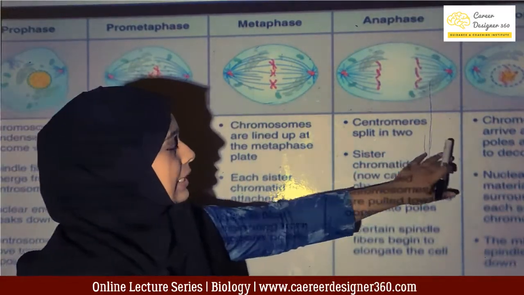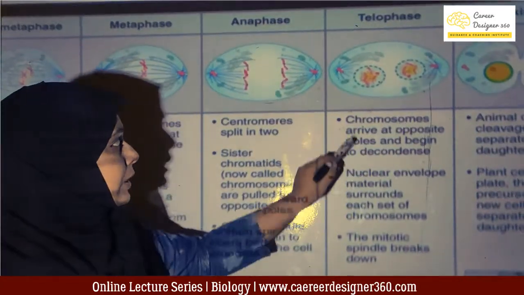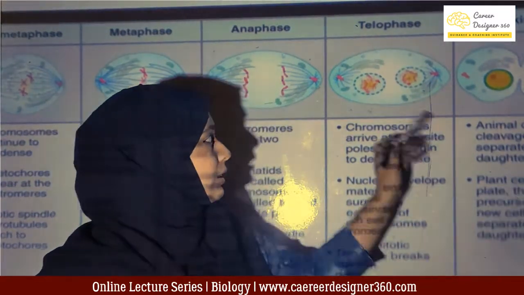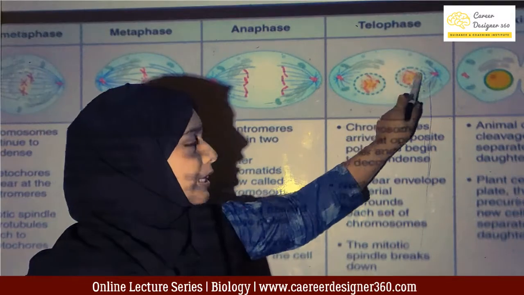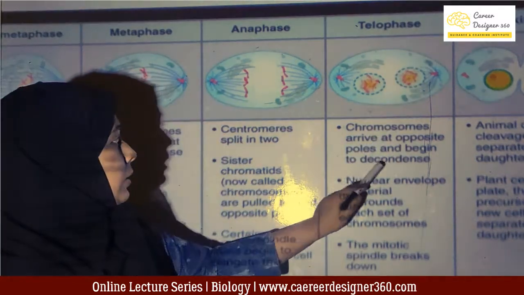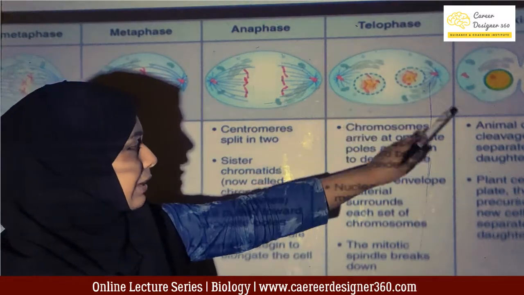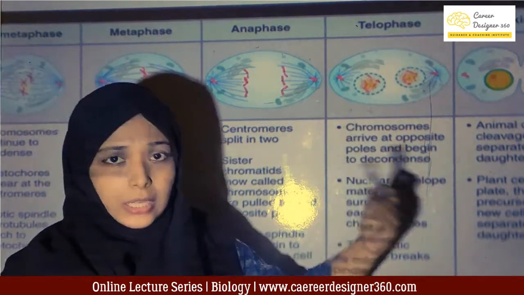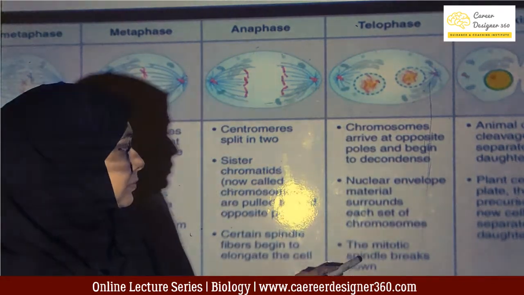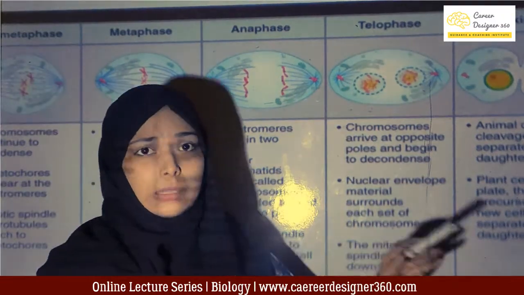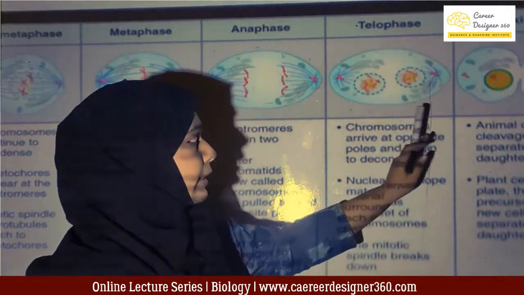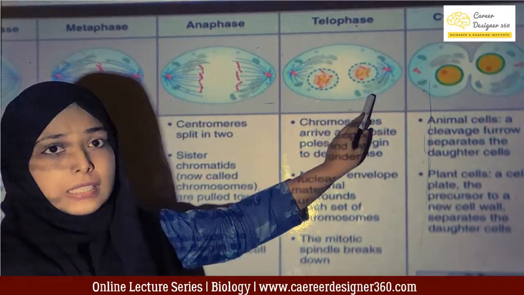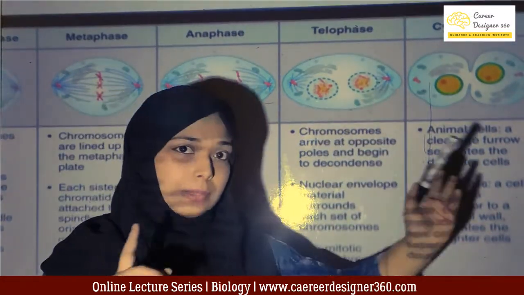The last stage was the telophase, where the two chromosomes had already separated and a new nuclear membrane was formed. The chromatids have moved towards the opposite poles, the nuclear membrane reappears, and spindle fibers disappear during telophase. Now karyokinesis has occurred, and the two nuclei have been formed.